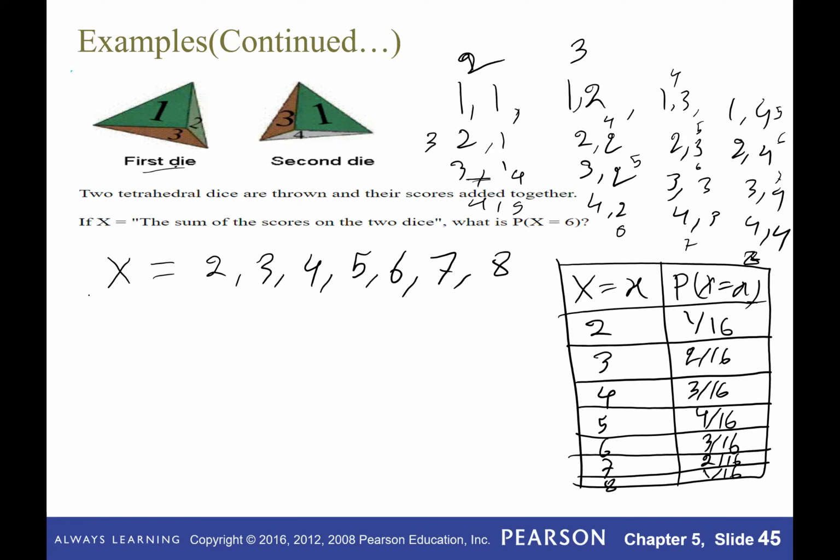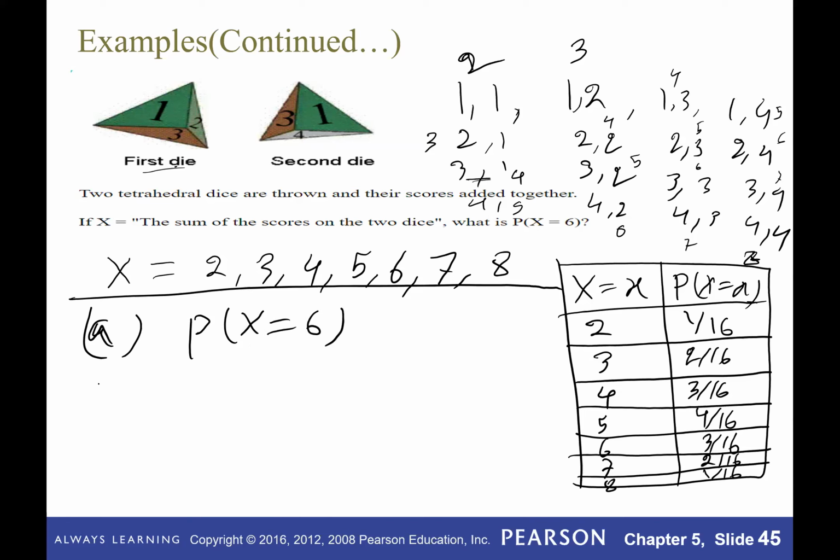So now we have to find the probabilities. Part A, find probability of X equals 6. Part B, probability of X greater than 7.